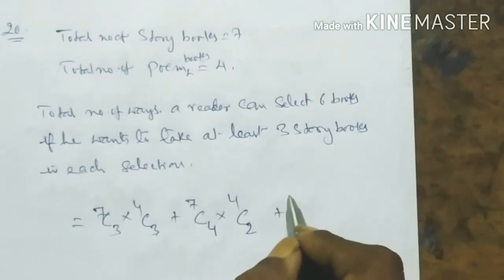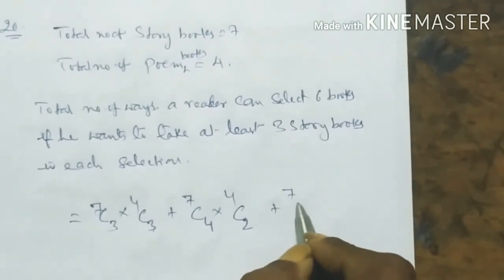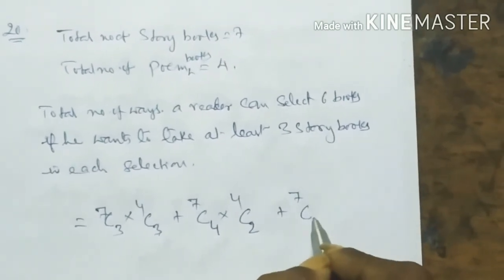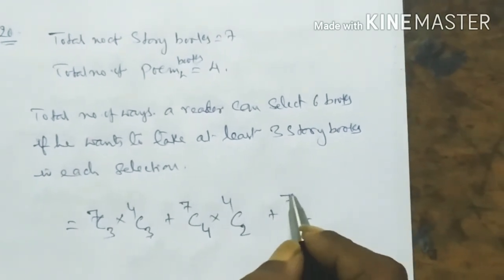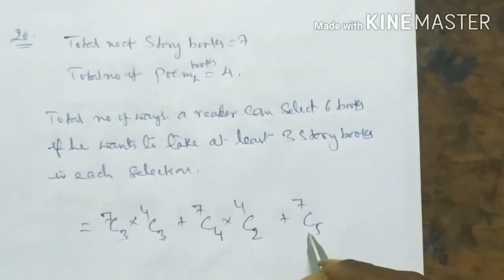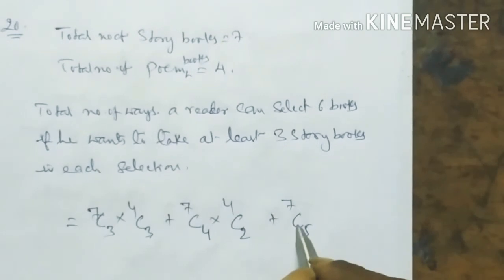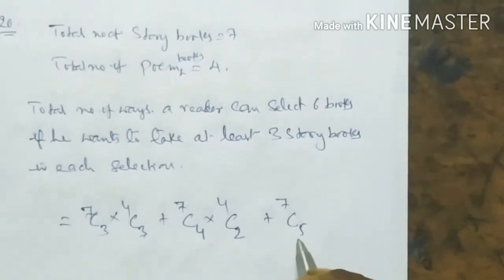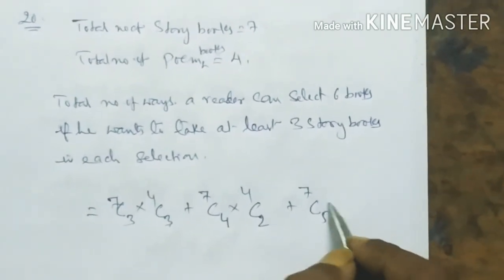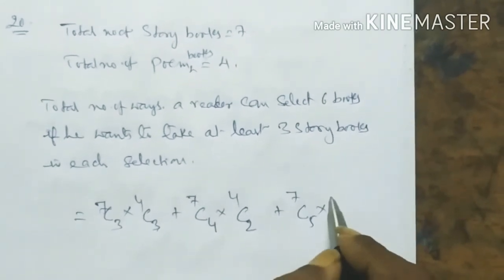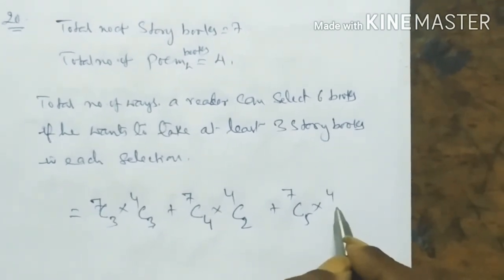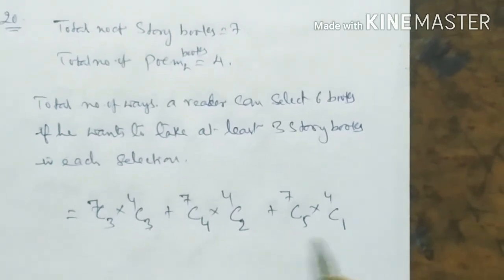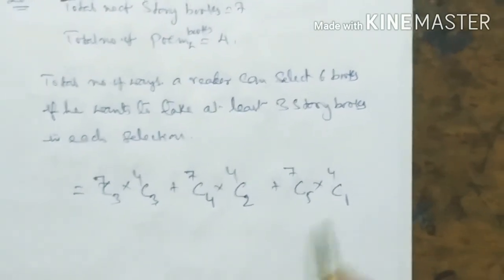And the last arrangement, I think, will be 7C5. From 7 story books the reader is going to select 5 story books, and from the 4 poem books he is going to select 1 poem book. The total must come out to be 6.